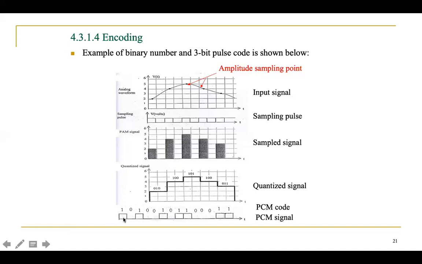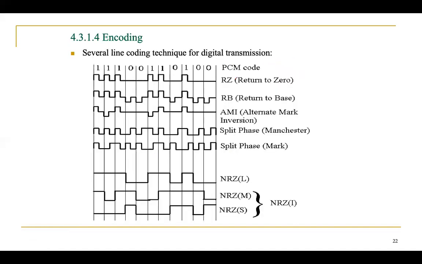That's why it starts with 1, 1, 1, 0. Okay, so this is the process of PCM. And for encoding, basically there are several techniques of encoding.